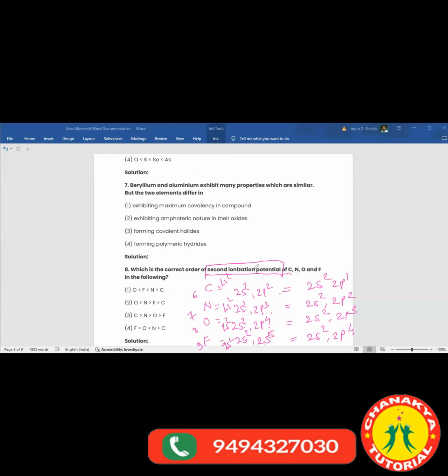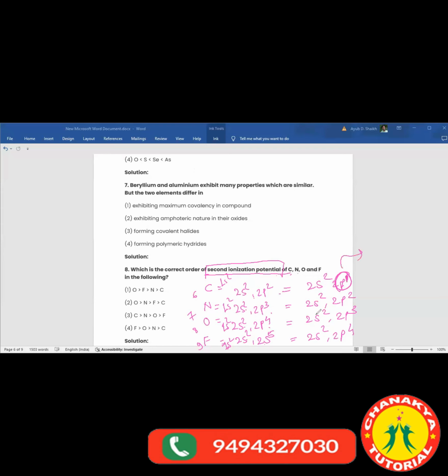If you see the first one, here, 2s2, 2p1. It will attain inert gas configuration and hence will easily give away the second electron, because the p orbital has only one electron in it, right?